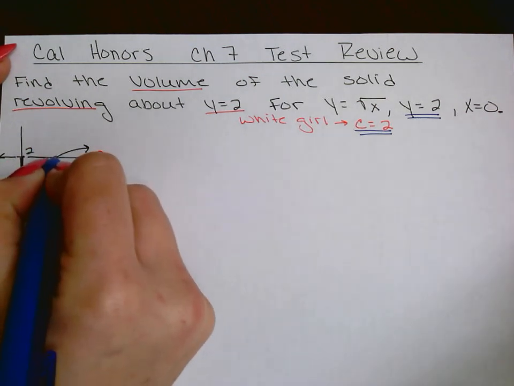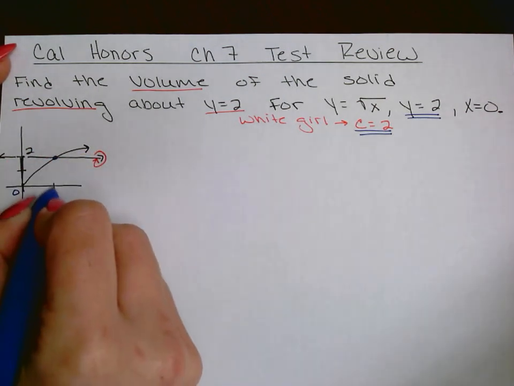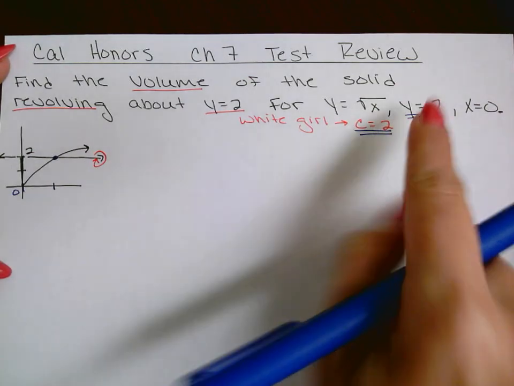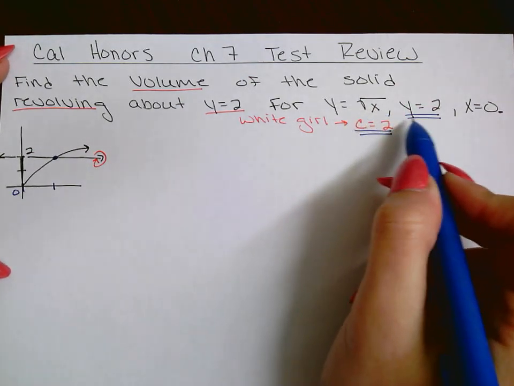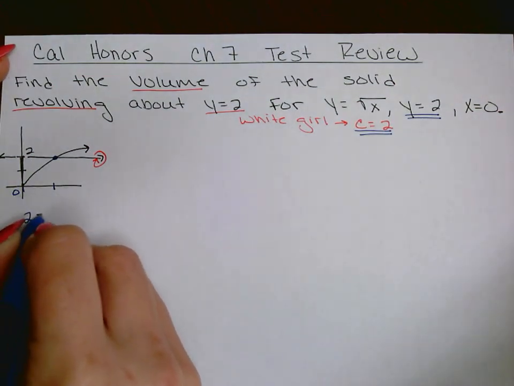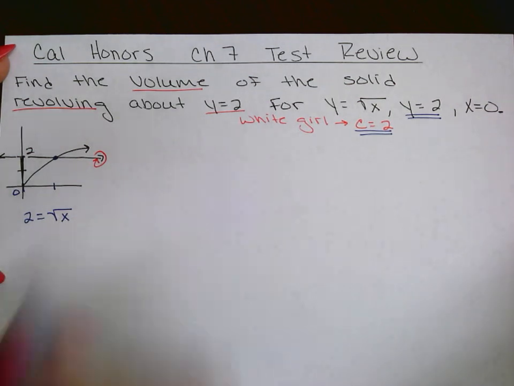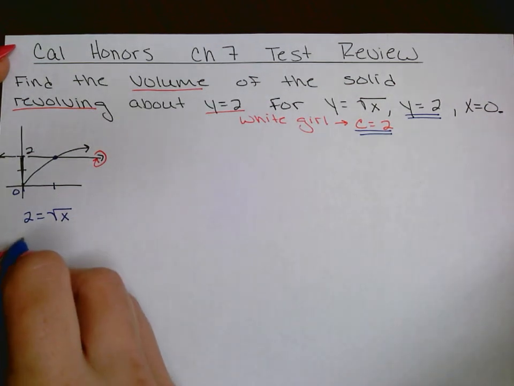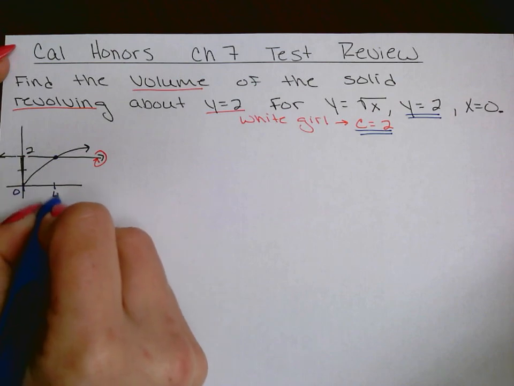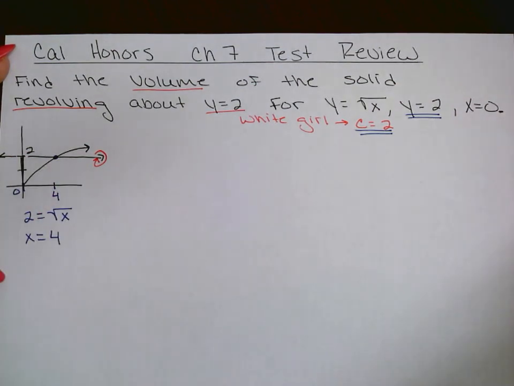I need to do some work really quick to find out what this b is. So I need to have y equals square root of x and y equals 2 set equal to each other. So 2 equals square root of x. What does x give me? x is 4. Good. So now I see my a to b.